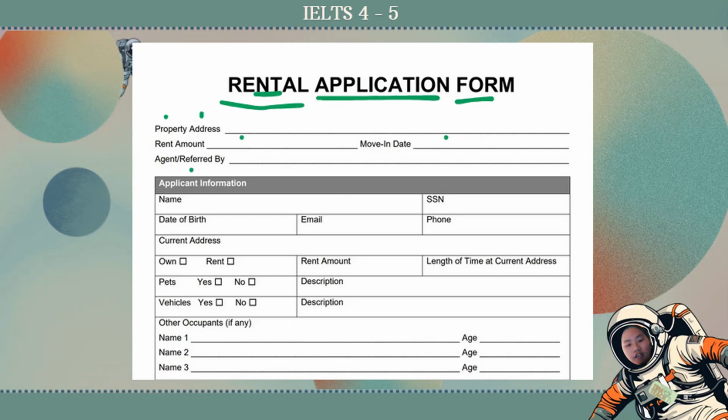Next up, agent and referred by. An agent is someone who helps you, a third person, to do something. Let's say that you went to a company that specializes in matching landlords and buyers, or helping people find good apartments to rent.